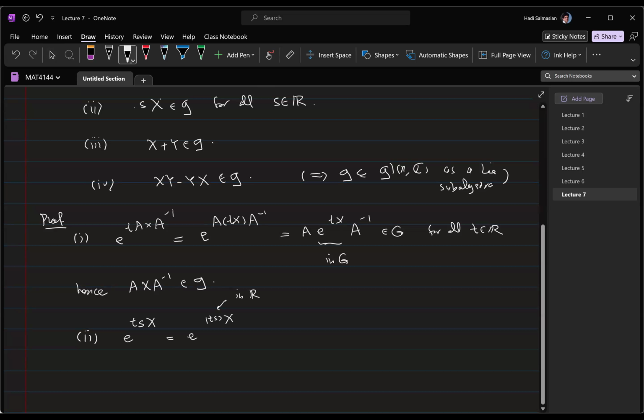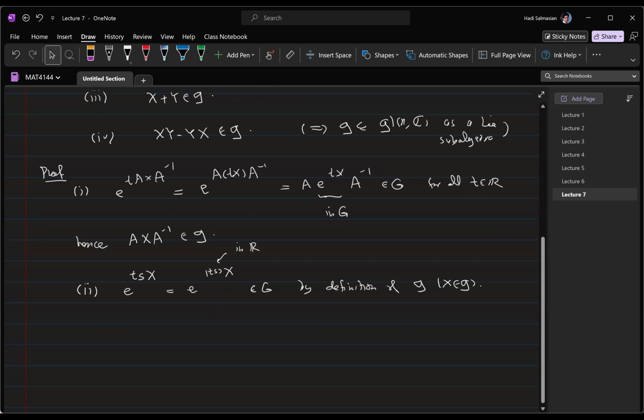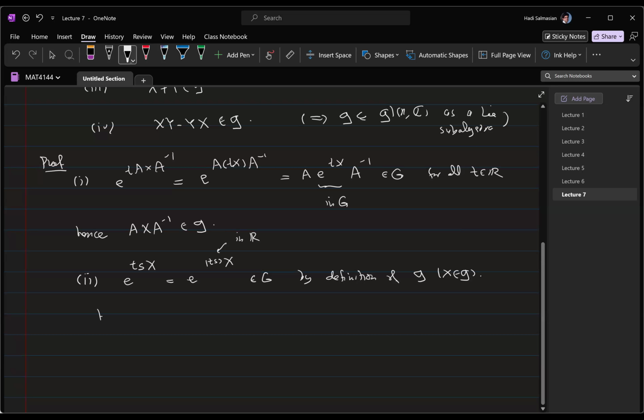In R, we know e to the any scalar times x is in G by definition of G, since x is in G. So this means now that sx is in the algebra, so to speak, okay?